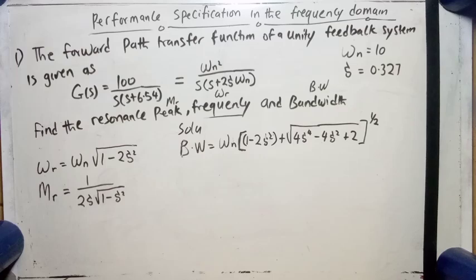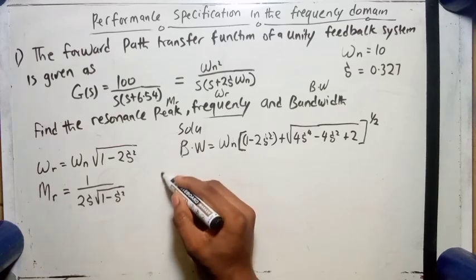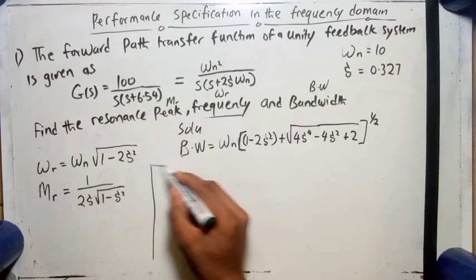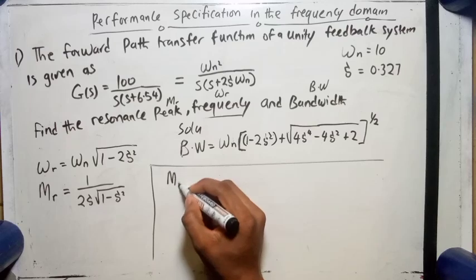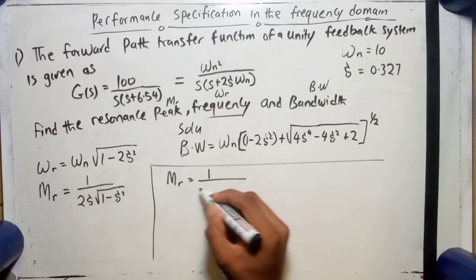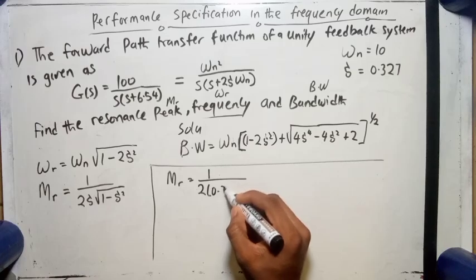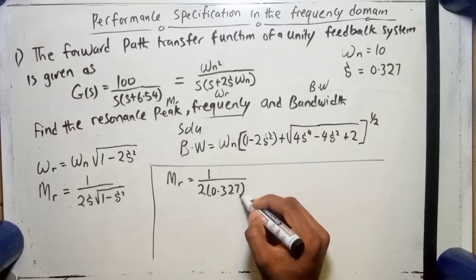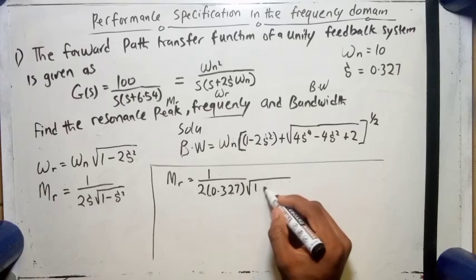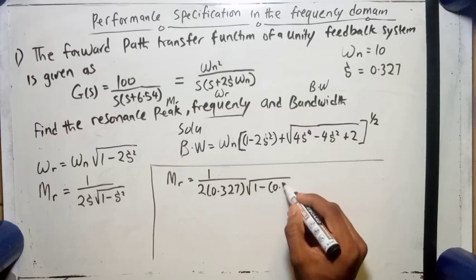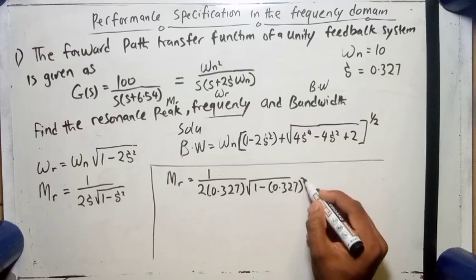So the first one, Mr, the resonance peak. Using that formula here, we're going to be having Mr is equal to 1 over 2 times zeta, zeta is 0.327, then square root of 1 minus zeta square.